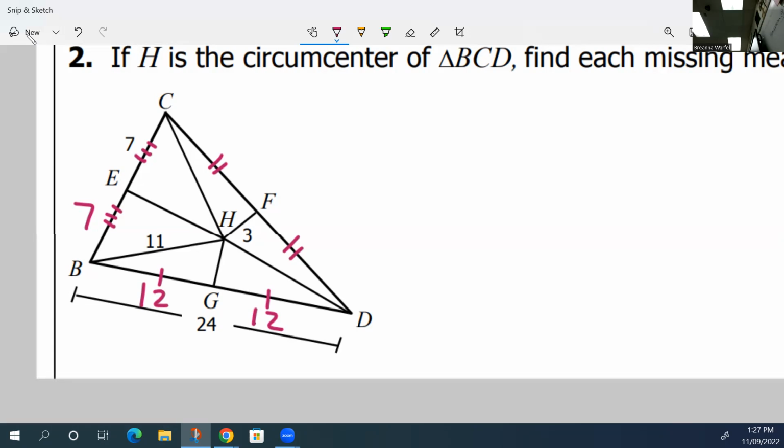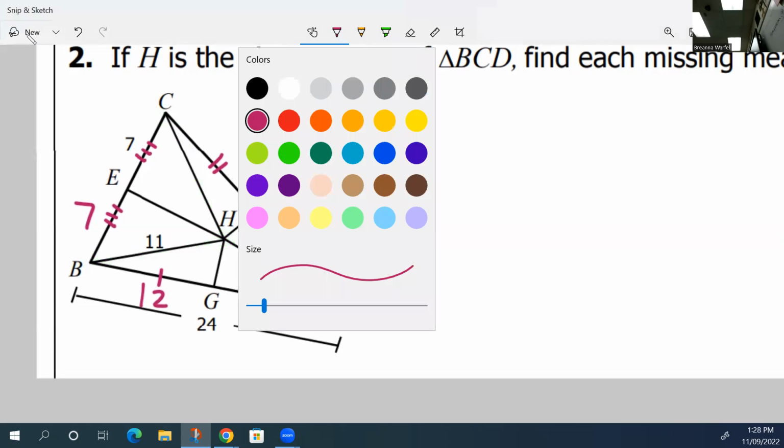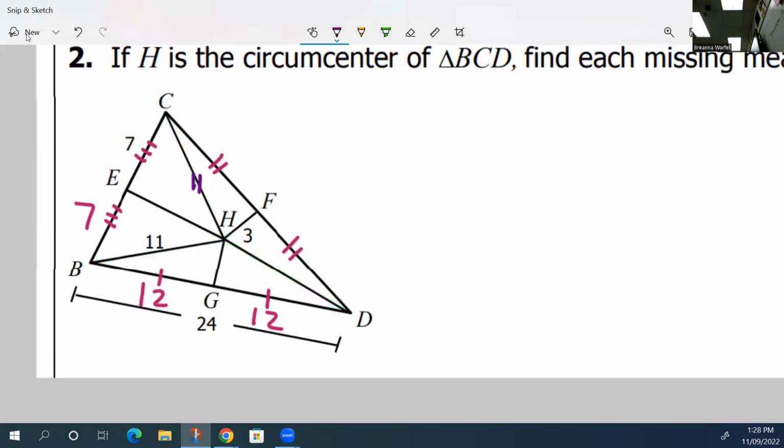We do know that H is the circumcenter, and so to each vertex, B, C, and D, those measurements are all congruent. So that means that if this one is 11, this one is also 11, and this one is 11, okay? We know that all of these are right angles.